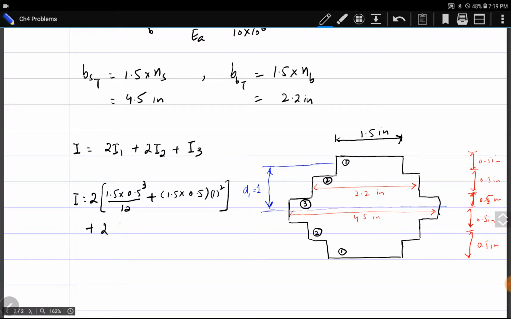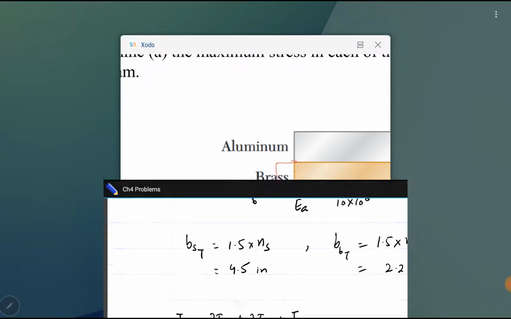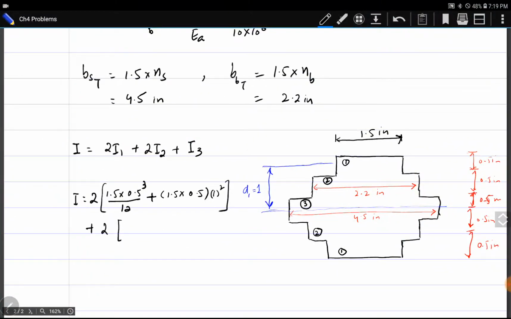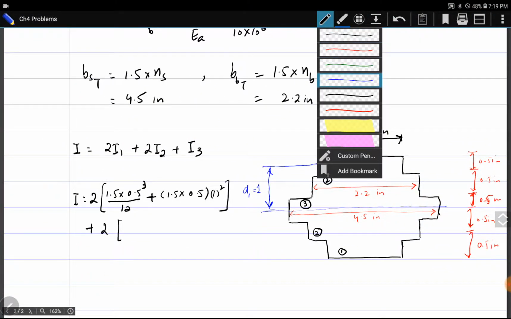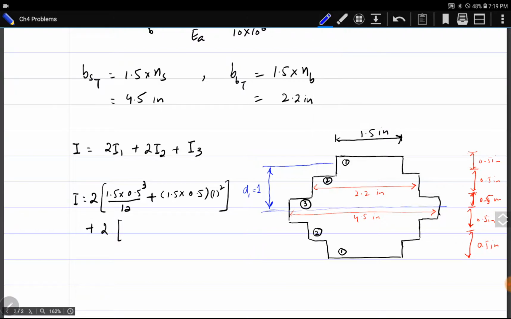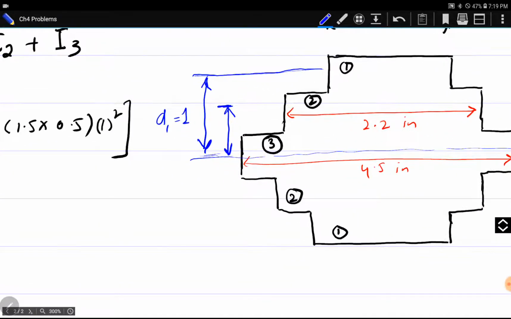Plus 2 times I2. What is I2? For section 2, we have D2, the distance of the centroid of section 2 from the centroid of the total cross section. It is 0.25 plus 0.25, so it becomes 0.5 inches.